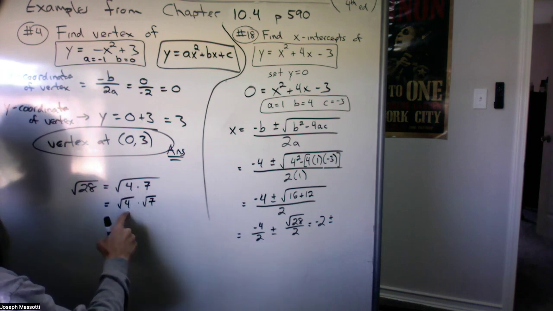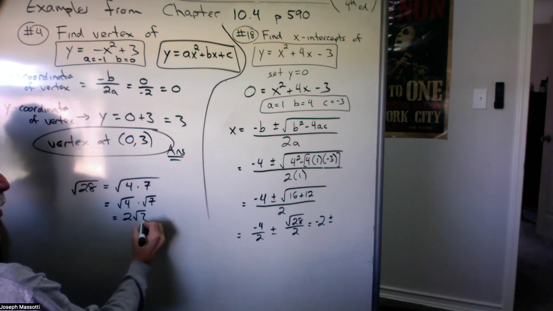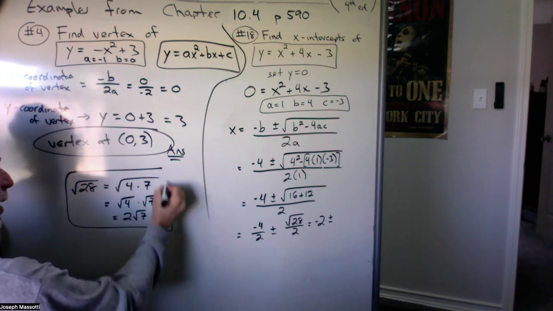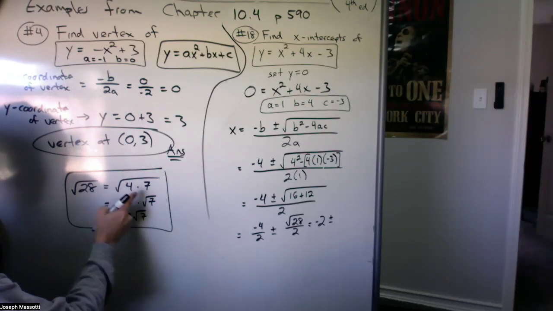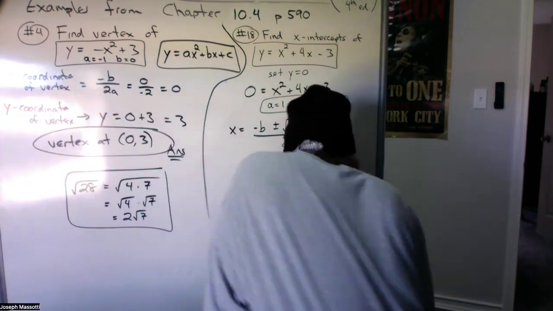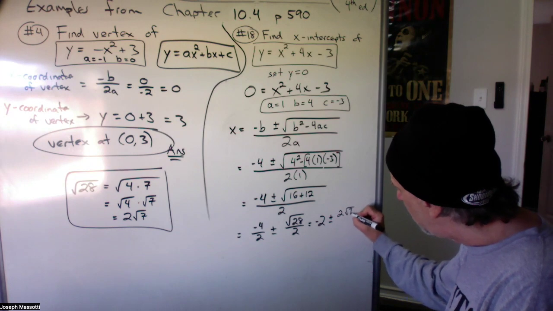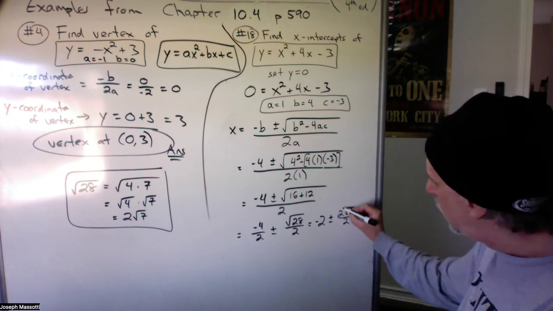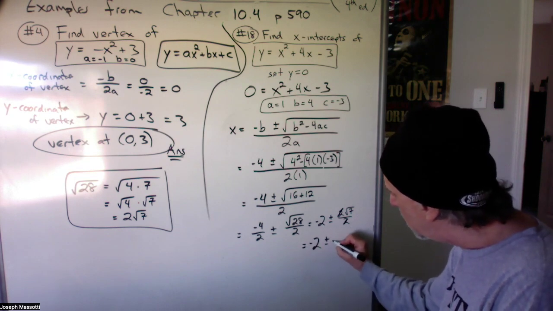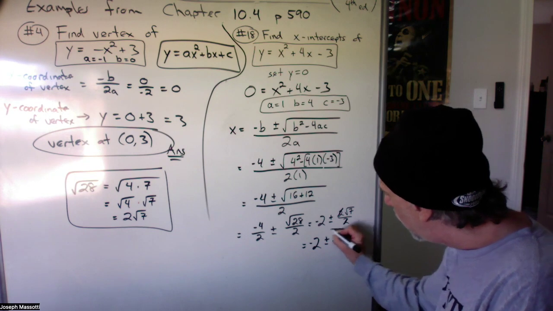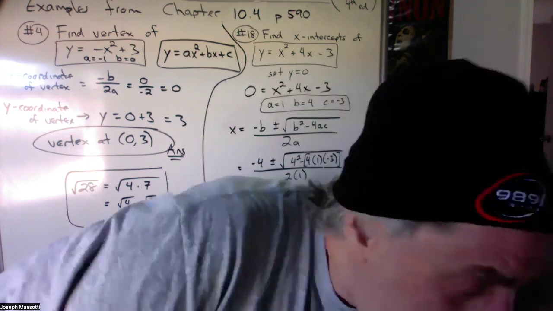We took the 4 out because we know the square root of 4 is 2. So we end up with 2 root 7. So I can change the square root of 28 to 2 root 7 using this process. So that's what I'm doing here. Square root of 28 becomes 2 root 7 over 2. Those 2's cancel out. So I'm left with -2 plus and minus square root of 7. And those are the x values of my x-intercepts.